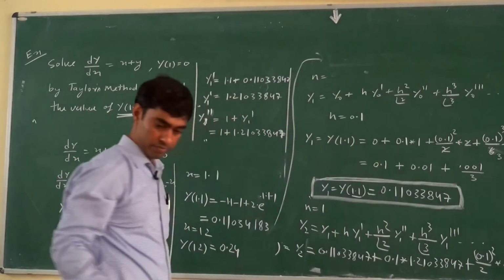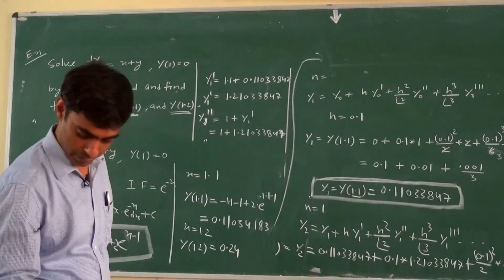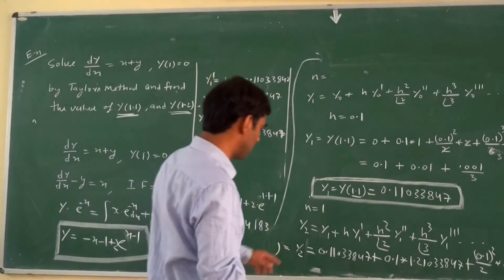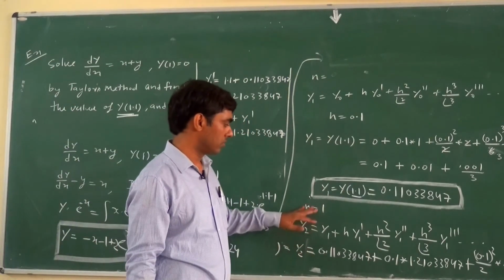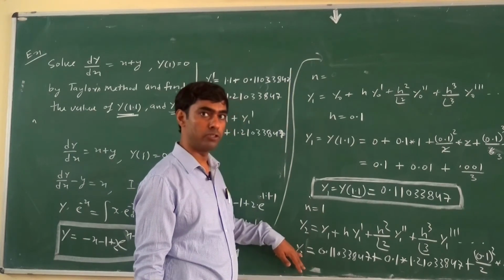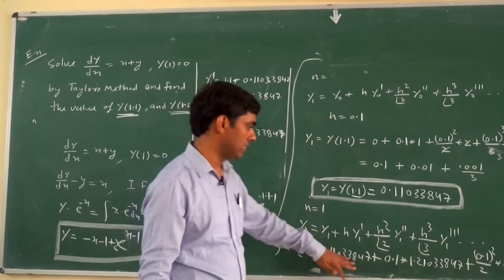Okay, so what is the value of y1.2 after simplification of these values?